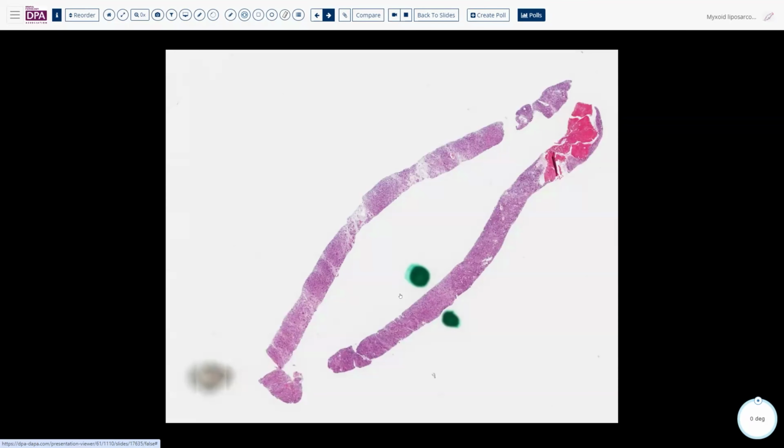This is an abdominal mass. Oh, something happened here. Let's come back to... if we can find what happened. It looks like my whole browser crashed. I apologize for that.